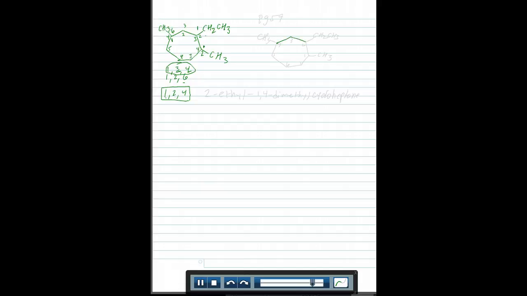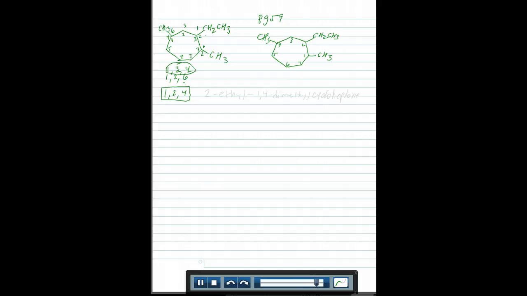So let me redraw it. And like I said, they have an example. It's on page 59. If you want to watch this on page 59, they have this. So CH3, CH2, CH3, and CH3. So the numbering would be 1, 2, 3, 4, 5, 6, 7. Now when you name it, alphabetical.